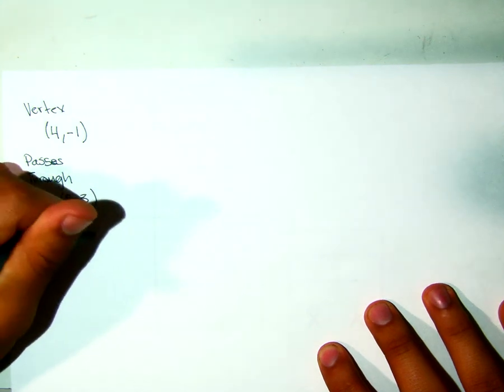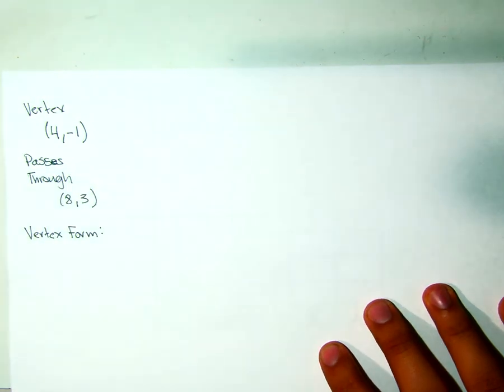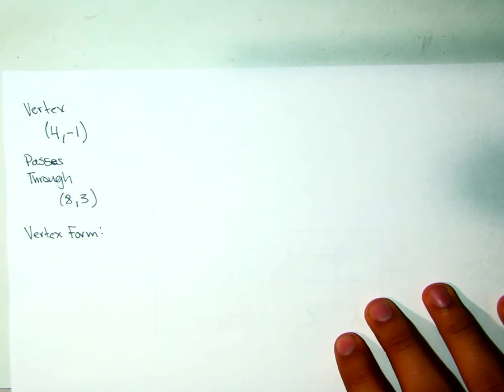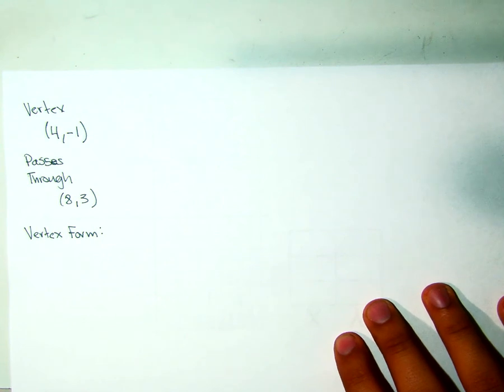Could you guys tell me what the vertex form of a parabola is? I'll give you a clue. Look around in front of you in your workbook. The vertex form of a parabola.